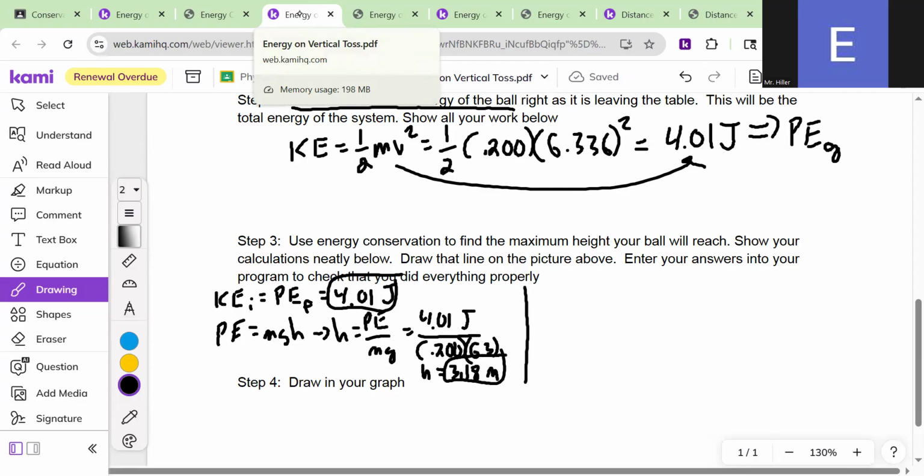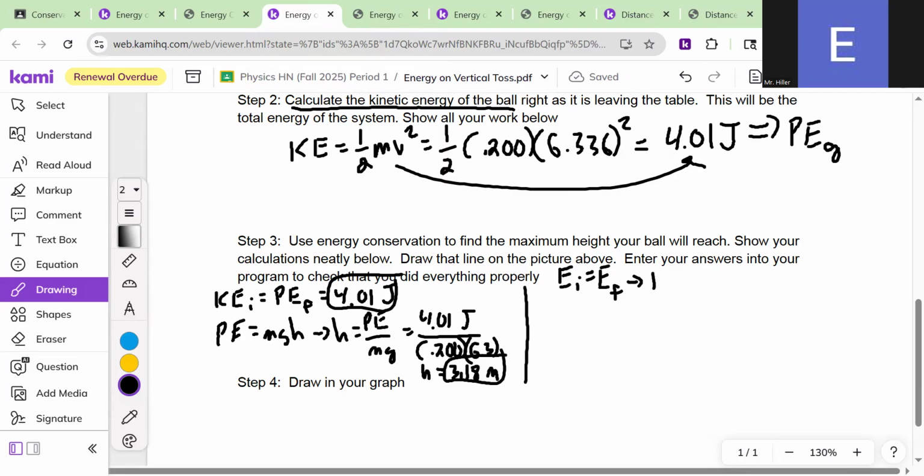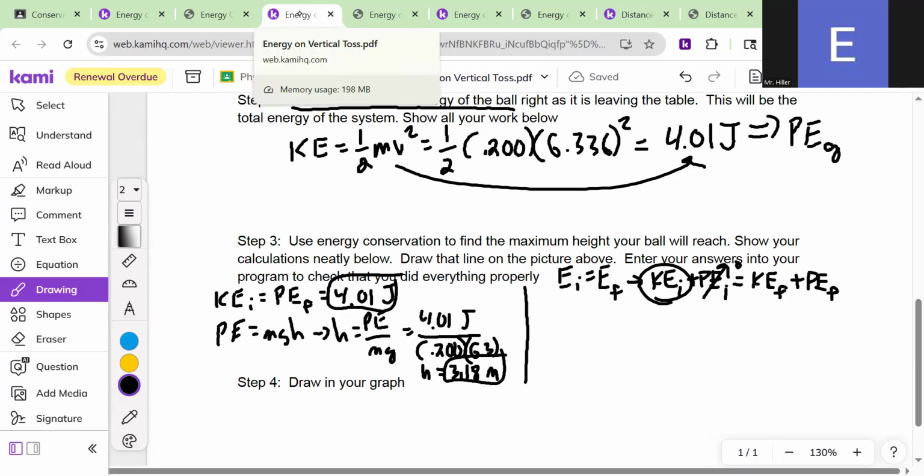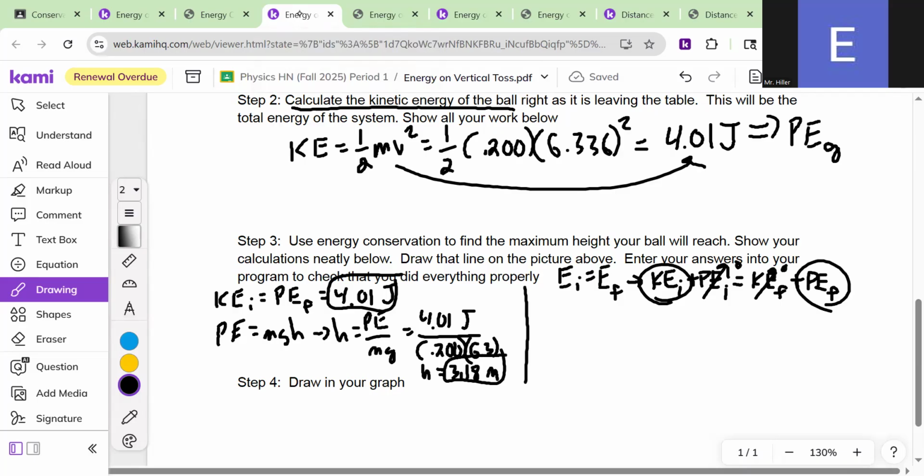Now, the other way to do it is by using the law of conservation of energy equation. The way that works is we have KE initial plus PE initial equals KE final plus PE final. Well, I start with kinetic energy, but I have no potential energy. At the highest point, my kinetic energy goes to zero, but I have potential energy.